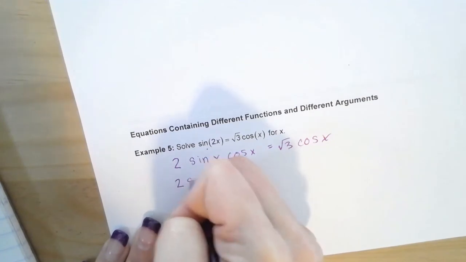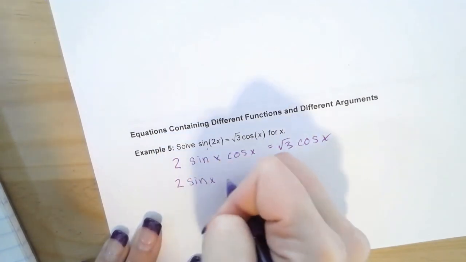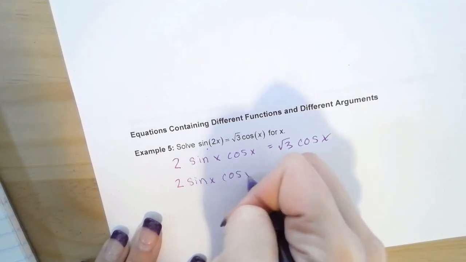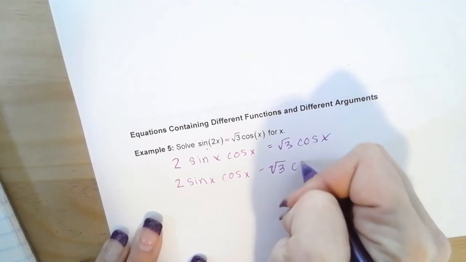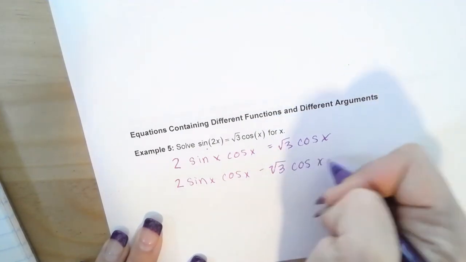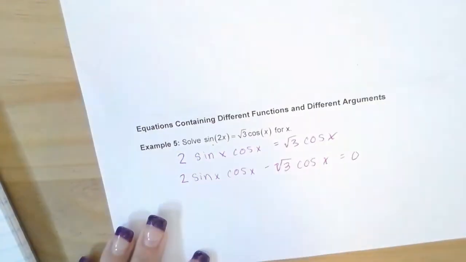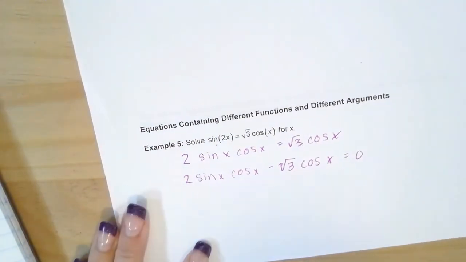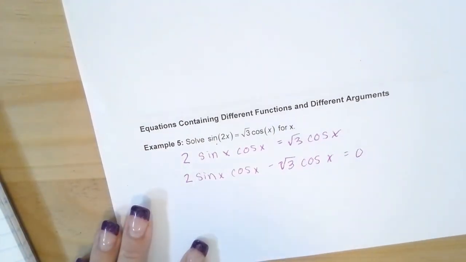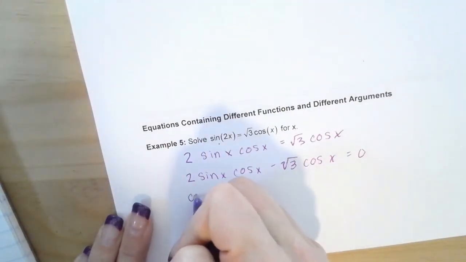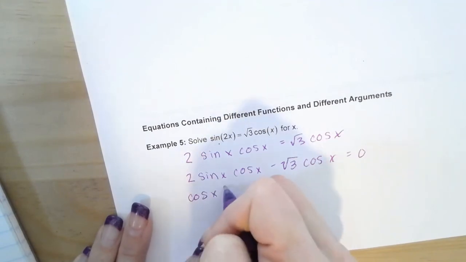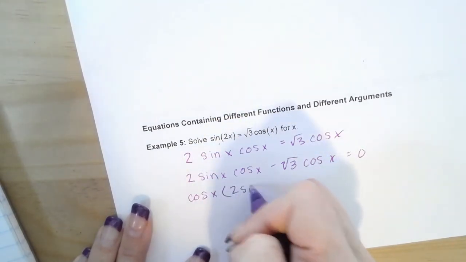So we get 2 sine x cosine x minus square root of 3 cosine x. Now, because we have 2 different trig functions here, I'm hoping that we can factor something out. So, here they both have in common a cosine, so I'm going to factor that out, leaving us with 2 sine x minus square root of 3 in parentheses.